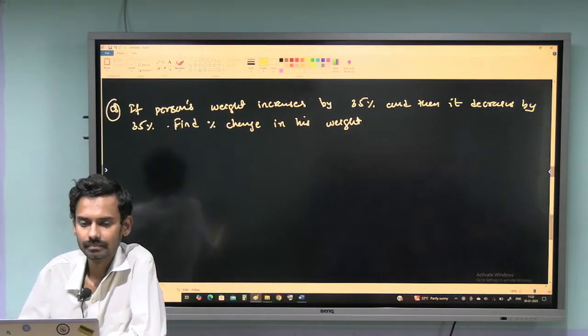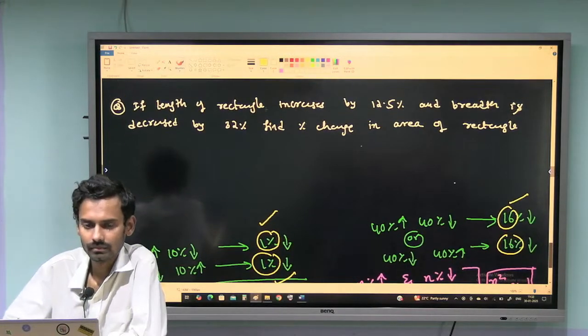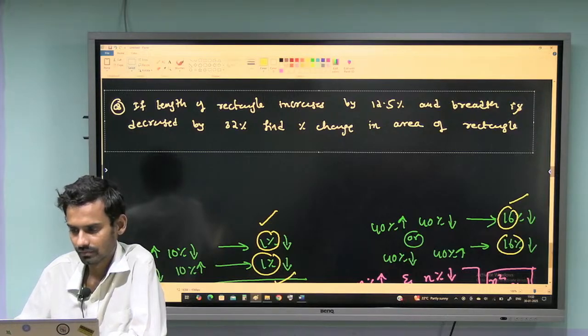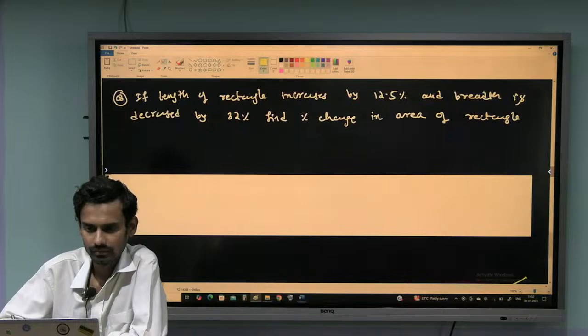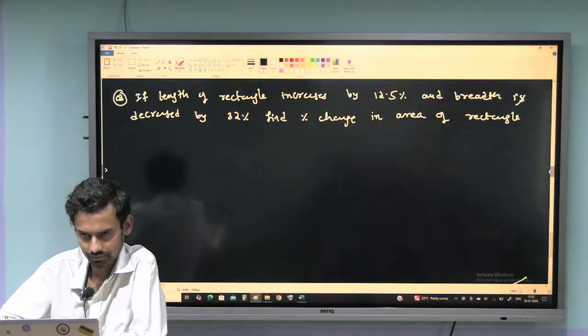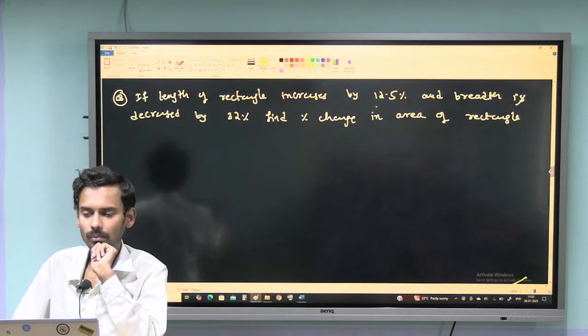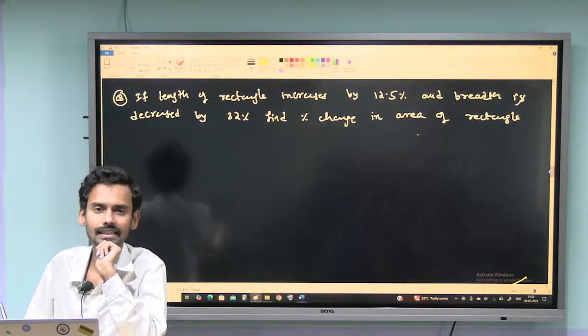Check this question. Okay, same question we have done. If the length of the rectangle is increased by 12.5% and breadth is decreased by 32%, find percentage change.